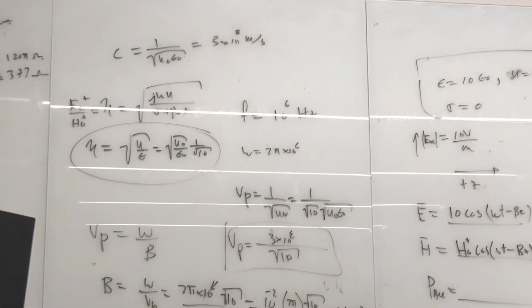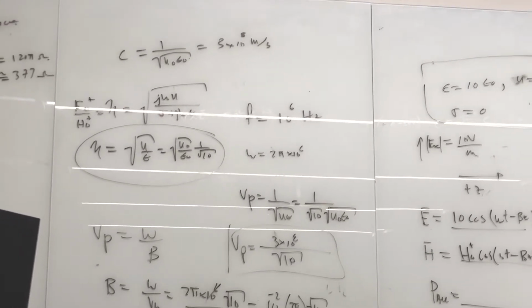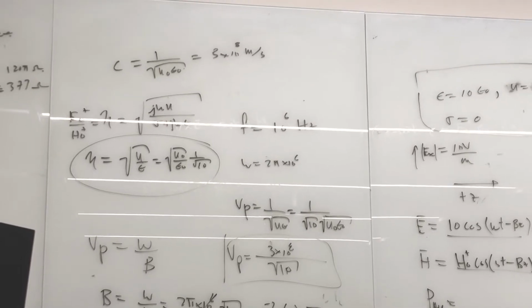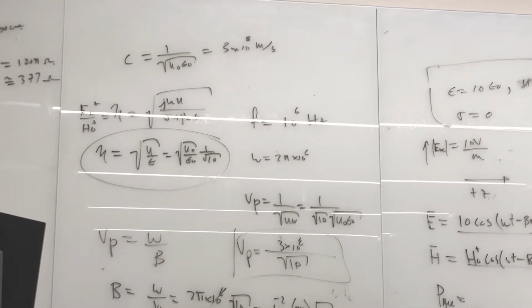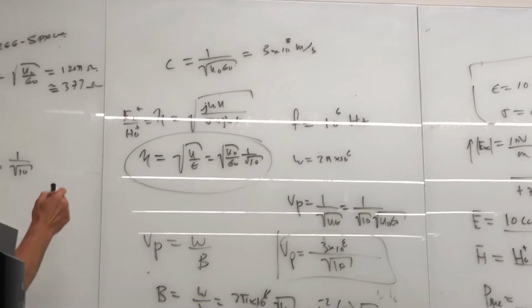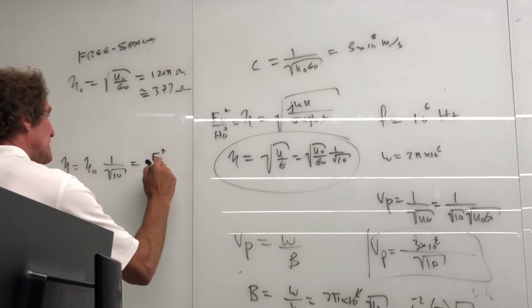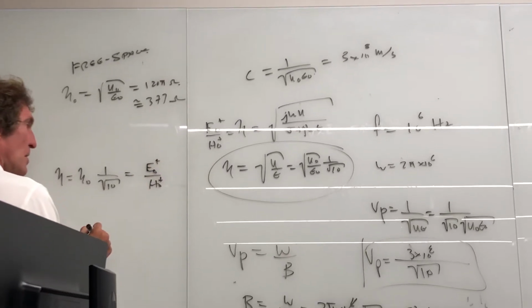Well, eta for our media is really equal to eta naught divided by the square root of 10, right? With me on this? All right, well, what is that? That's the ratio of E naught plus to H naught plus. Or, what can I say?